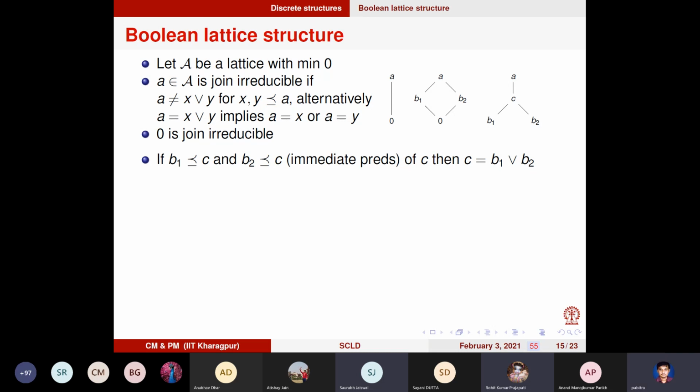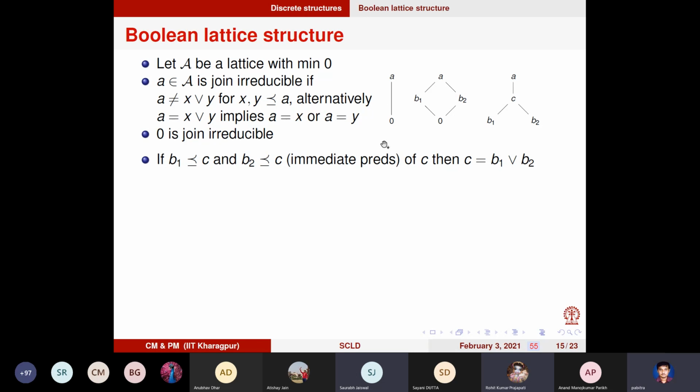If a is equal to x join y, then a is either x or y. So if we find an a which is the join of any 2 elements x and y, then a must be either x or y.